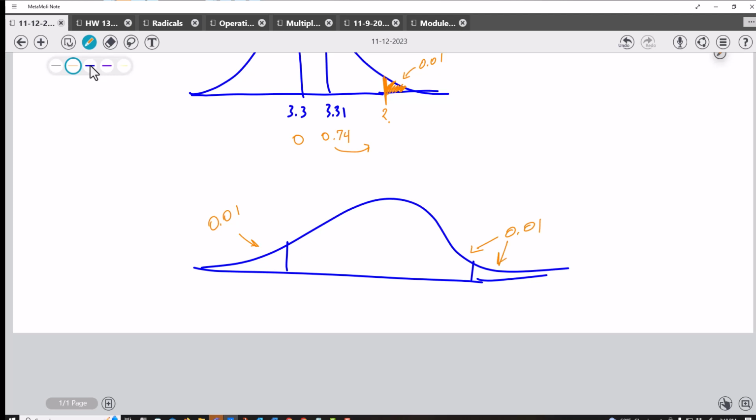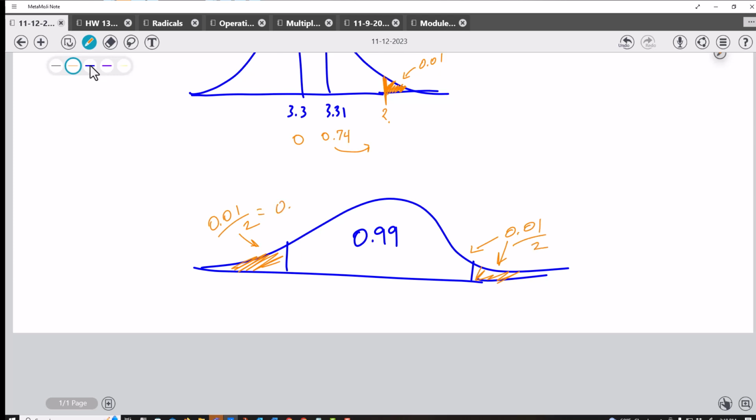Sorry, my arrow didn't get very well because it's a two-tailed test. So this in the middle here then, if that's 0.99, well, that doesn't add up because that's over 1. So what you actually have to do is divide both of these by 2.